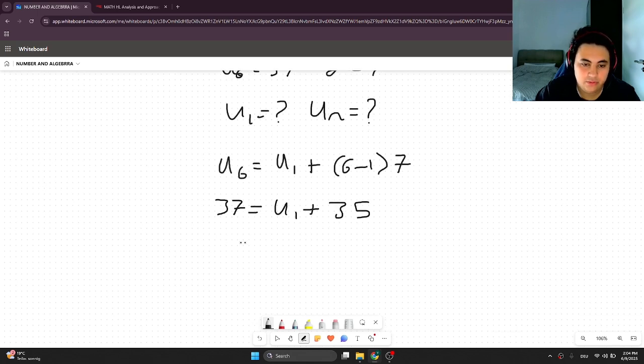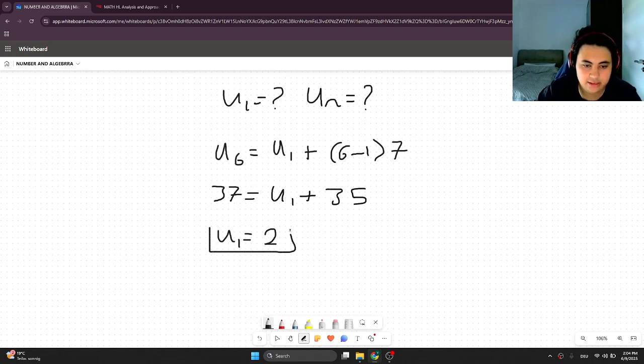So we do 37 minus 35, that's going to give us 2. But here it says that it's negative 2. Oh, no, sorry, I'm looking at the wrong answers. Yeah, okay, so u1 is equal to 2.